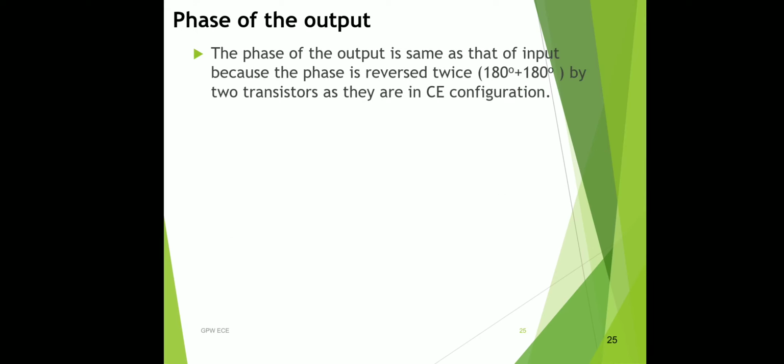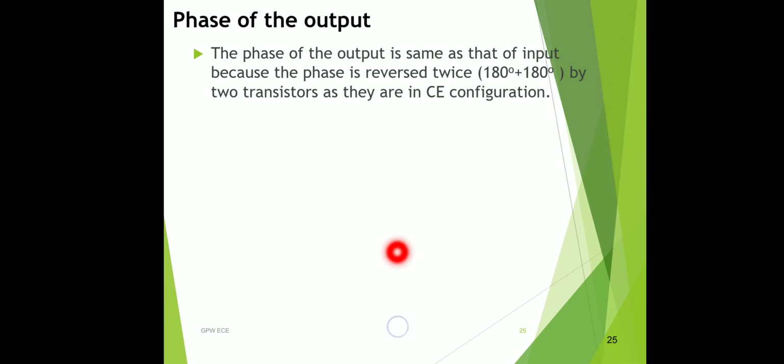What is the phase of the output? For a common emitter amplifier, there is a phase reversal between the input and output. That means the output is 180 degrees out of phase with the input. In this two stage RC coupled amplifier, the first stage output signal is 180 degrees out of phase with the applied input signal.